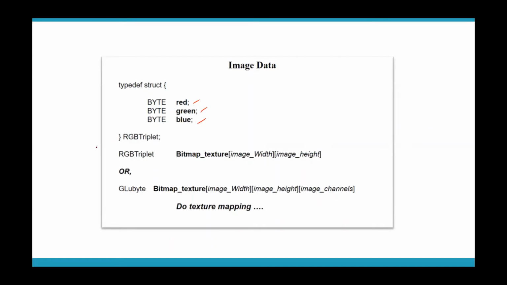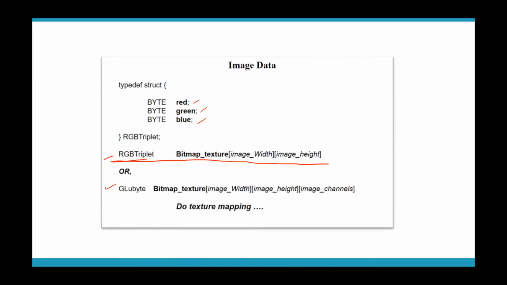Either this format is used, or this format is used, but normally information is represented in this particular format. So this is the third section, the image data, which stores the actual information about all the pixels in your image.